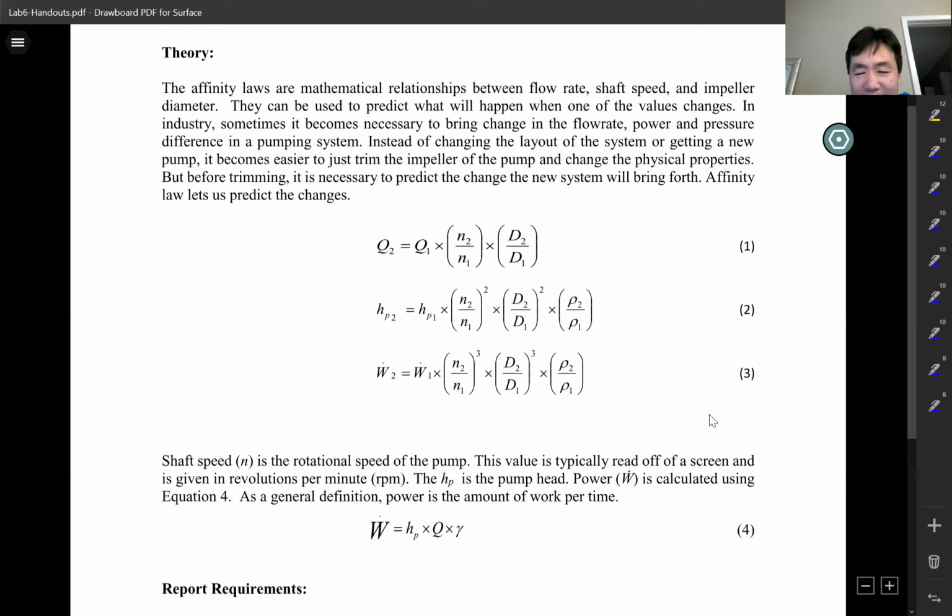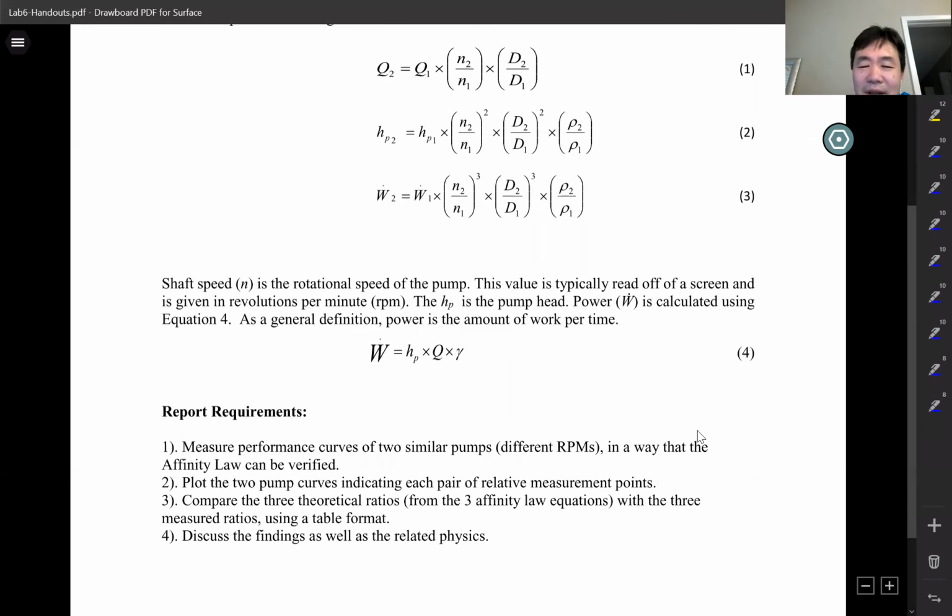Okay, is that clear? So that's lab number 6, affinity law. The requirement is here. I want you to produce 2 pump curves for the 2 pumps you want to try. Basically, 1 pump with different RPMs, but we assume it's 2 pumps. I think you already did the pump curve lab before.